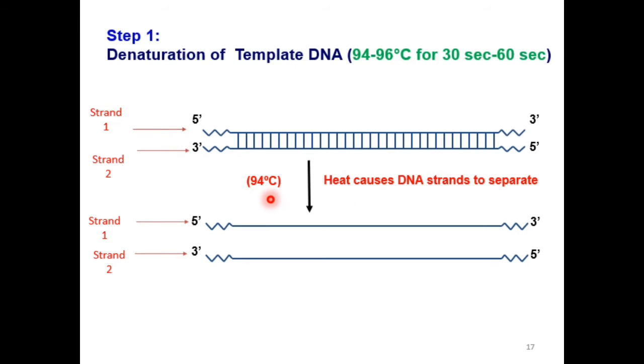This will be done by heating the sample up to 94 degrees Celsius, which is almost the boiling point of water. Such a high temperature will cause breaking down of the hydrogen bonds between the 2 strands of the DNA. So, of course, the 2 strands of the DNA will be separated from each other. Such denaturation may occur within 30 seconds and sometimes it may take up to 1 minute.